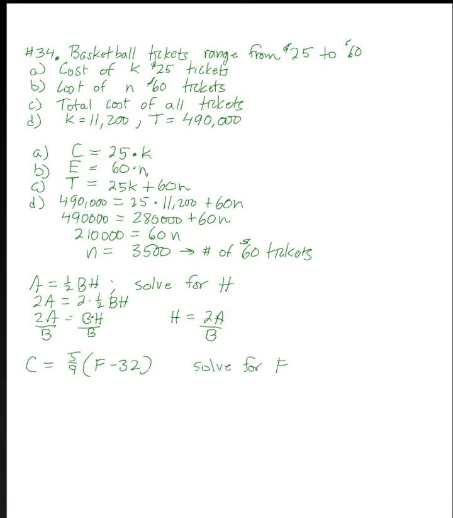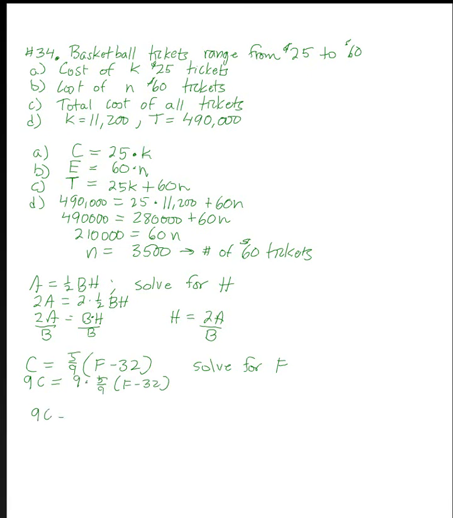All right, so once again, here's what I would do. I see that this formula has a fraction in it. I like fractions, so the first thing I would do is multiply by the common denominator. That would be 9. So I would have 9c equals 9 times 5/9 times f minus 32.